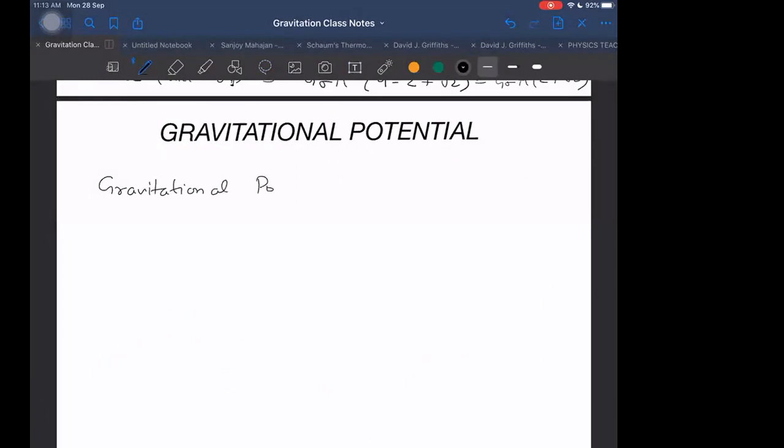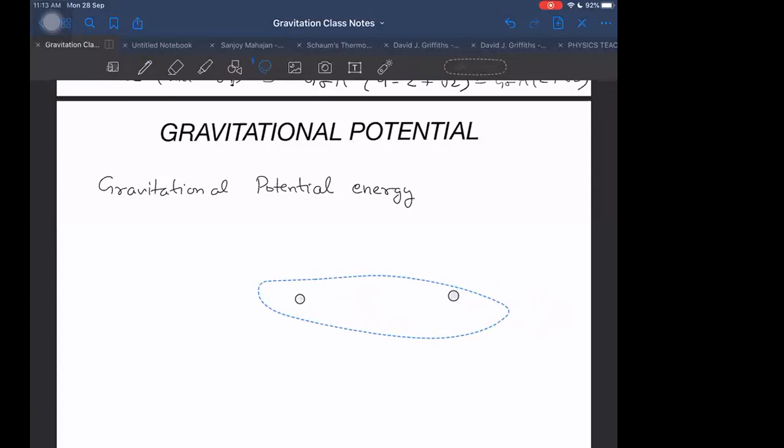Gravitational potential energy between two particles. These are the two particles, let us say, in space, and one has mass m1, another has mass m2.